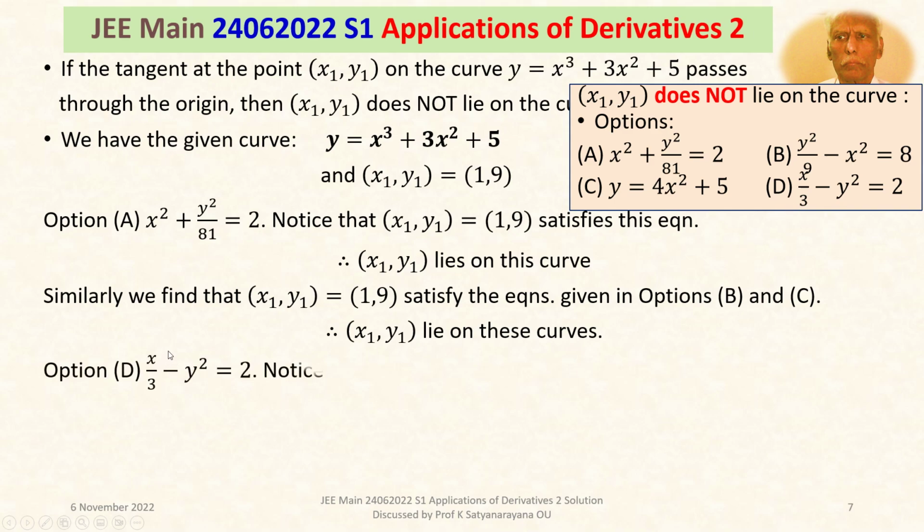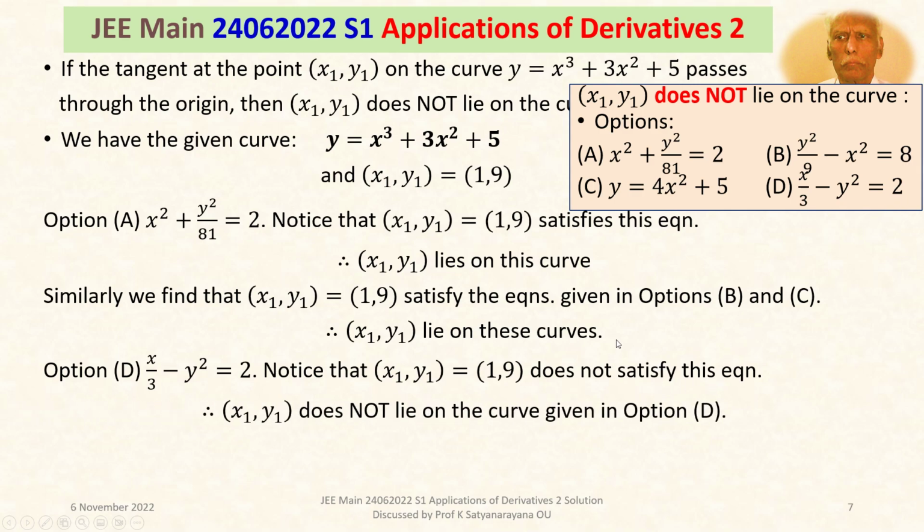So option D, x by 3 minus y square is equal to 2, and x by 3 is 1 by 3, 1 by 3 minus y square, 81, is certainly not equal to 2. Therefore, it does not satisfy this equation. Therefore, this point x1, y1 does not lie on the curve given in option D. So our answer for this question is option D.